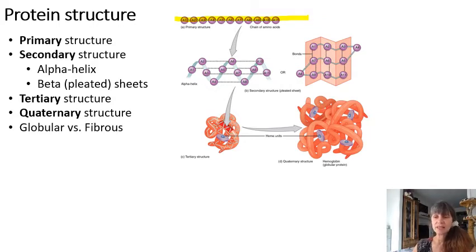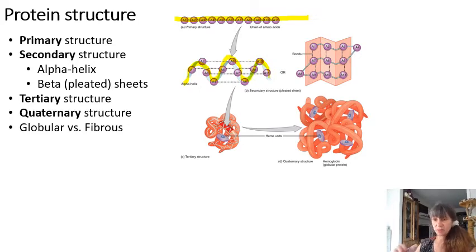Because of the different types of atoms and hydrogen bonds, remember hydrogen bonds are important in developing structures, those hydrogen bonds will cause the primary chain of amino acids to start developing into a secondary structure of protein by either turning into what's known as an alpha helix coil or a beta pleated sheet.